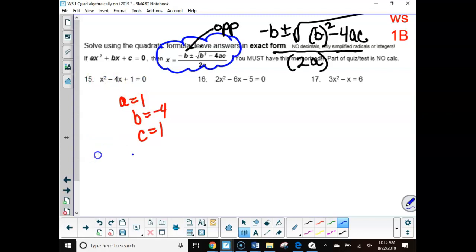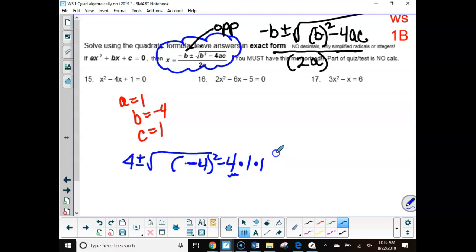Then we write out the opposite of B, which would be +4, plus or minus, parenthesis B, which is -4 squared minus 4. This 4 comes from the formula times A, which is 1, times C, which is 1. And all of that is over 2 times A.